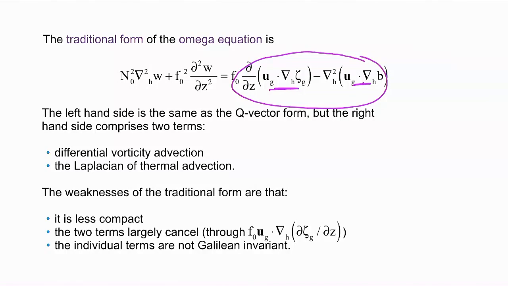And secondly, these two terms are about the same size as each other and opposite. So you've got the difference of two large terms, and you run the risk of lots of internal cancellation. It's mathematically correct, but I hesitate at using this form because of this large internal cancellation. But it's still used.